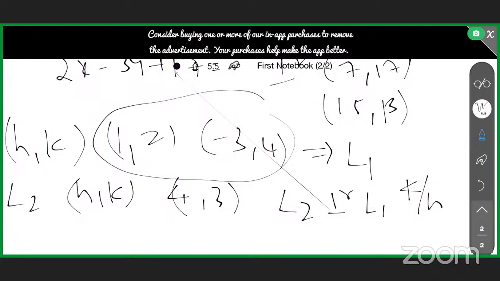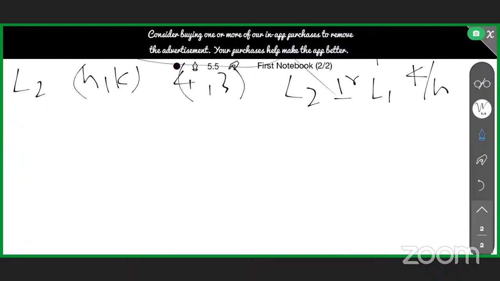You can do it for L2 because L1 and L2 are perpendicular, they're telling. Instead of going for another line equation here, you will again get two unknowns, x y unknown, h k unknown. So it is very difficult to solve. So if you find the L1 equation, the L2 equation is very easy because the lines are perpendicular.